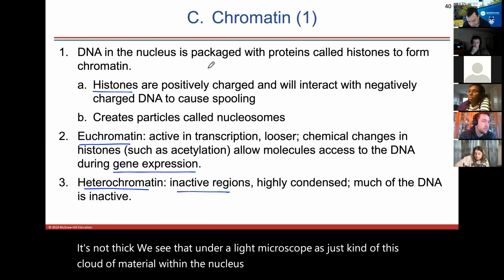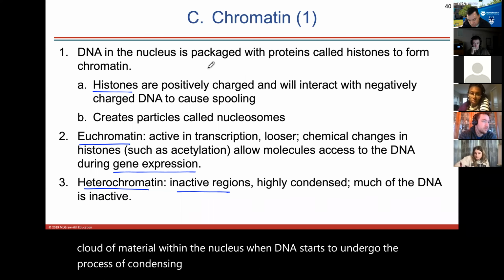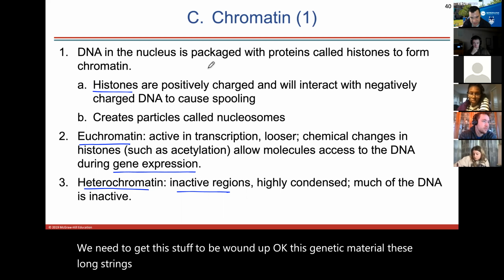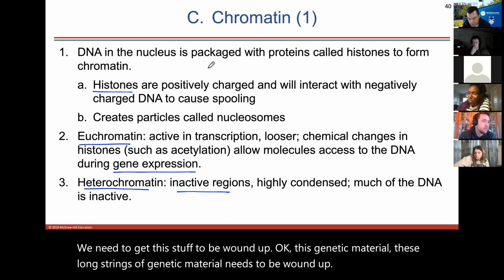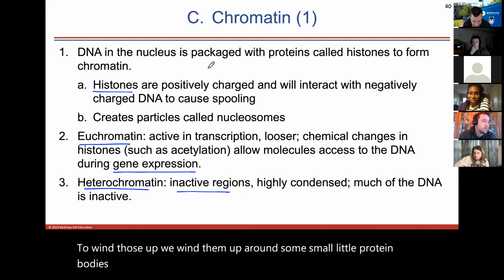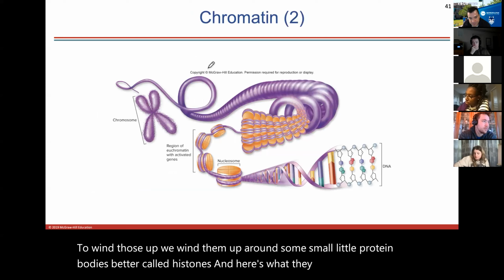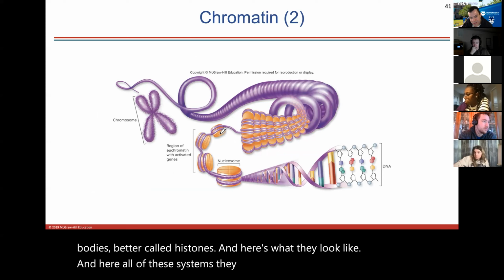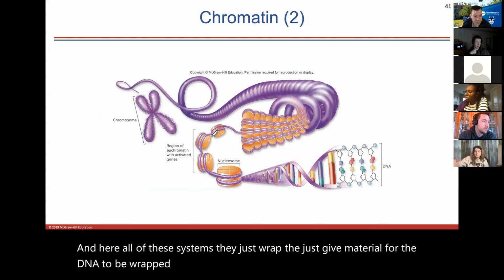When DNA starts to undergo the process of condensing down, we need to get this stuff to be wound up. These long strings of genetic material need to be wound up. To wind those up, we wind them around some small little protein bodies that are called histones. And here's what they look like. All of these histones give material for the DNA to be wrapped and condensed down.